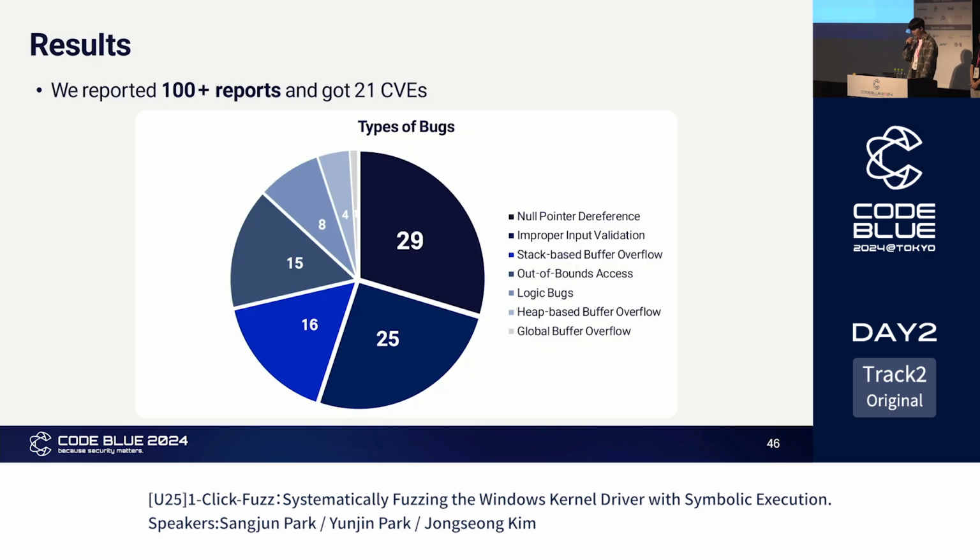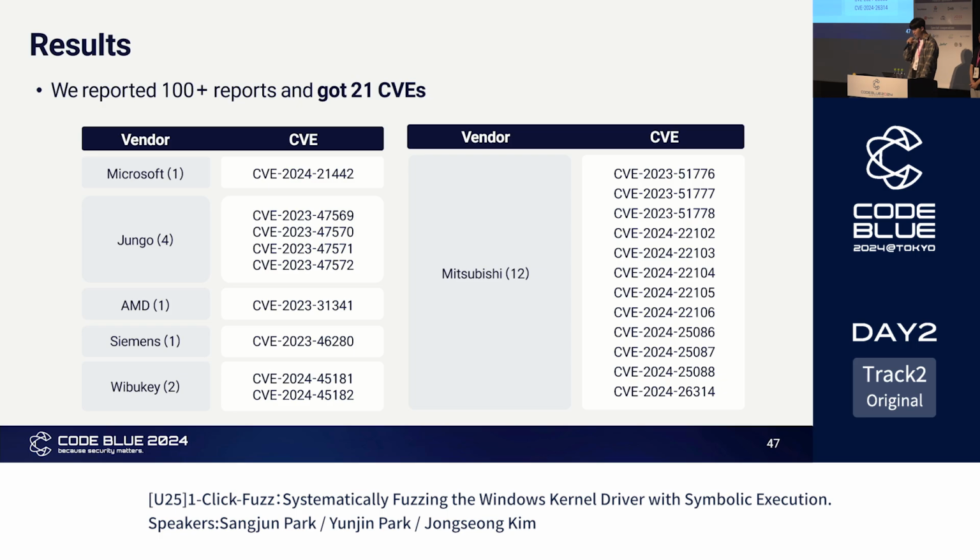As a result, we found over 100 unique vulnerabilities and various types of bugs in many vendors, such as Microsoft, AMD, Mitsubishi, and so on, and got several CVEs. The interesting point is that vulnerabilities have been found not only in personal desktop users' drivers, but also in drivers used for industrial purposes.